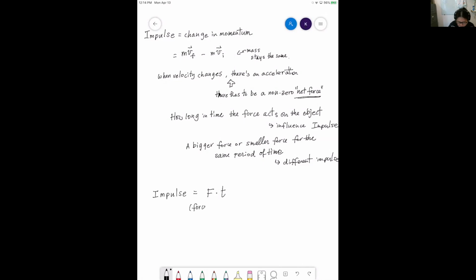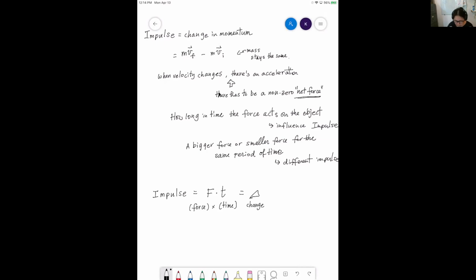Force times time. And also equals to, this triangle is the Greek letter delta, change.